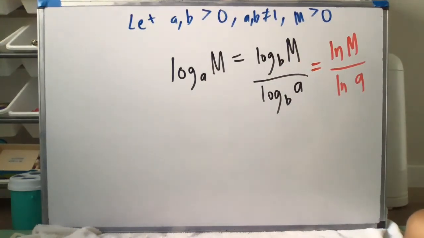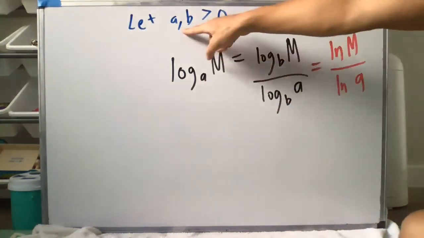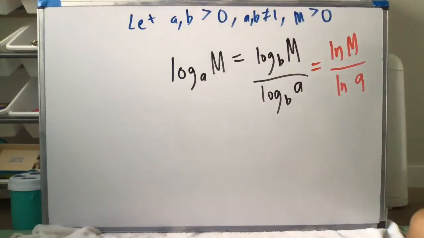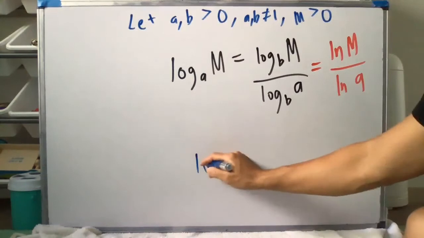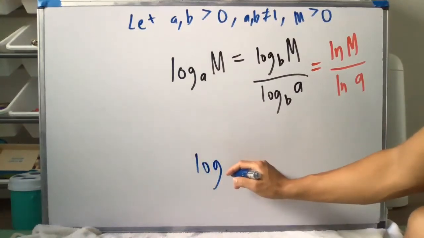I do want to come back to, though, what about these stipulations? Why do A and B have to be bigger than 0? Well, if it's 0 or less, we actually have an issue, right? Because what's log base of a negative number?